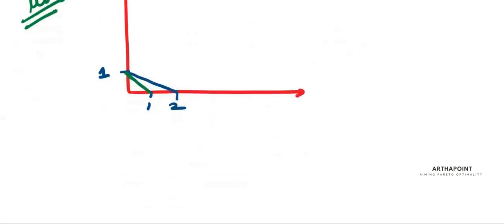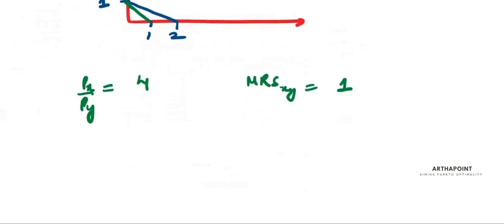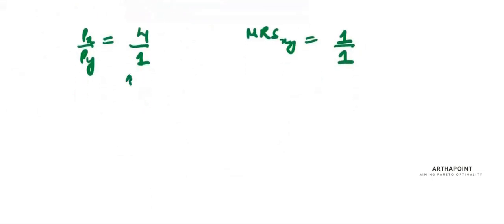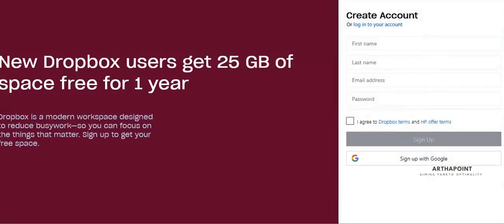Supposedly, we take the other way around. Let's say that Px by Py is 4 and MRS XY is 1. Then 4 means 4 by 1 and 1 means 1 by 1. So how do I draw this budget line? It is 1, 2, 3, 4. Perpendicular is 4, it's always perpendicular by base. Base is 1. So this is my budget line.